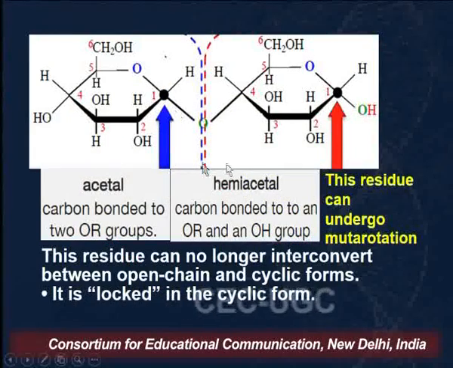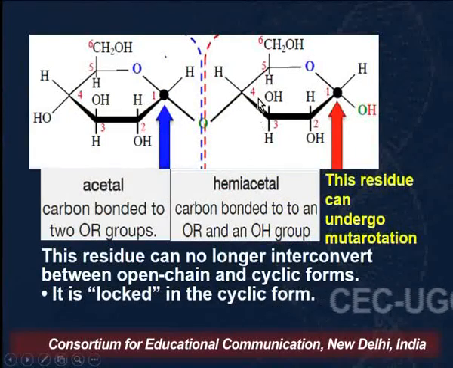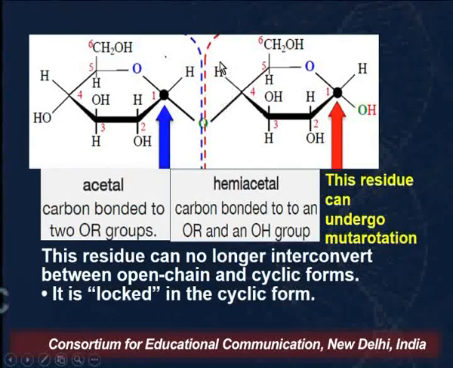So as you can now again see on your screens here, this is the acetal unit, which is being formed because of the glycosidic linkage between these two monosaccharides. Why is this an acetal unit? Because in this case the anomeric carbon is attached to two ether groups, the OR group and the OR group here.